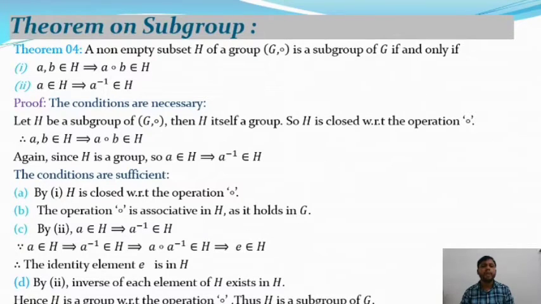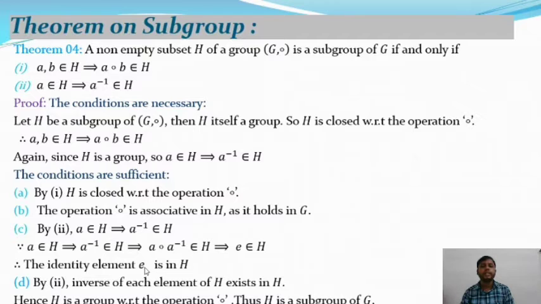And by the second property of the above theorem, a belongs to H implies a inverse belongs to H. Then from the first property, a composition a inverse also belongs to H. That means H satisfies the closure property, and a composition a inverse equals e, and e belongs to H, where e is the identity element.